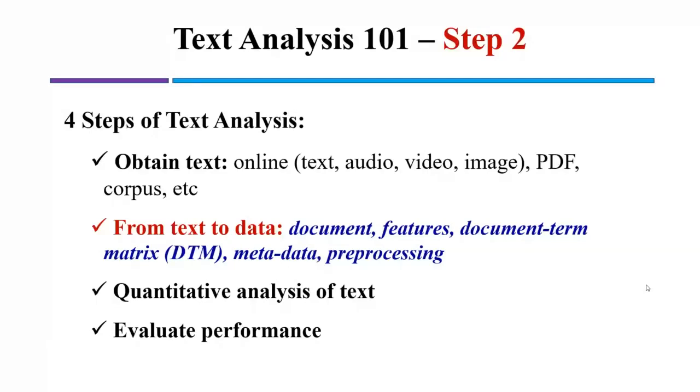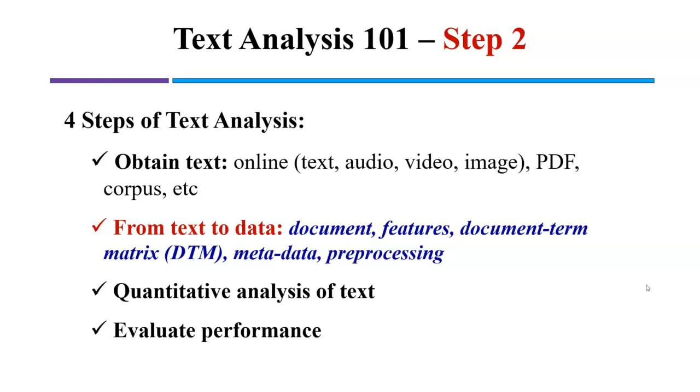Okay, so in step 2, we need to think about what is the possible way to handle it if it is a PDF, or a long text, maybe an email or an online review. How can you transfer it to usable data? Your raw text is maybe a document, but you need to transfer it to features.